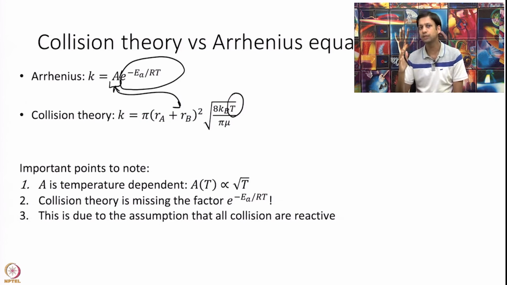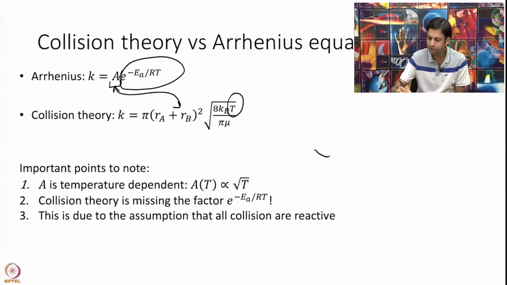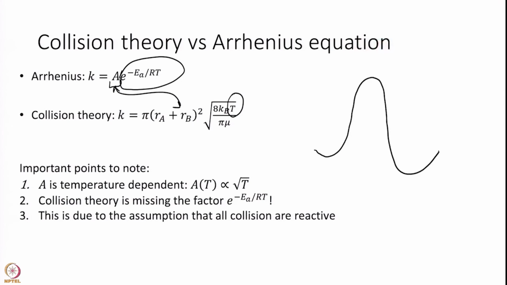Just think from the perspective of how Arrhenius was thinking. Arrhenius basically was thinking of a transition state that looks like this, and so Arrhenius said that you need a minimum activation energy for reaction to happen. But what have we said in this collision theory? Every collision is reactive at any energy.